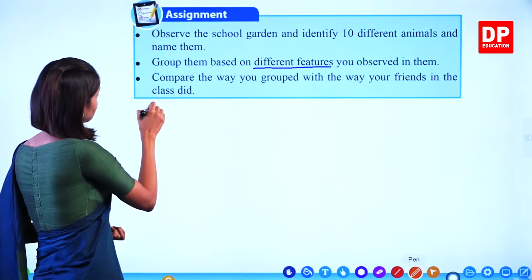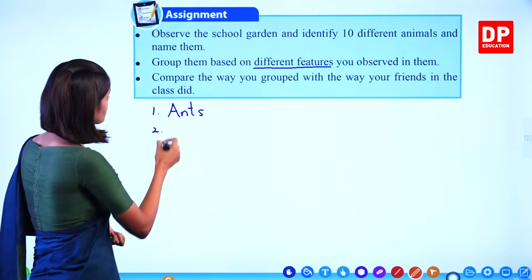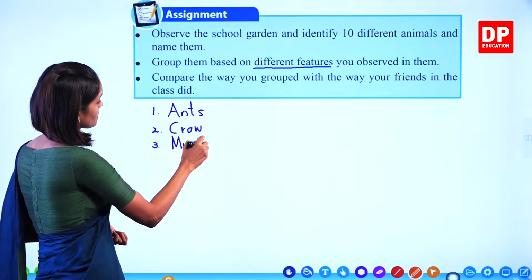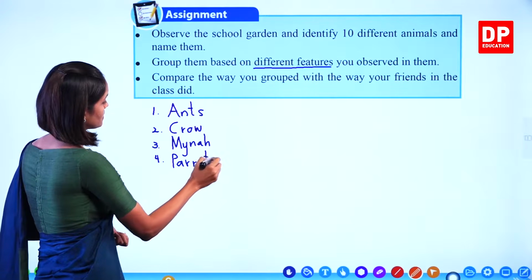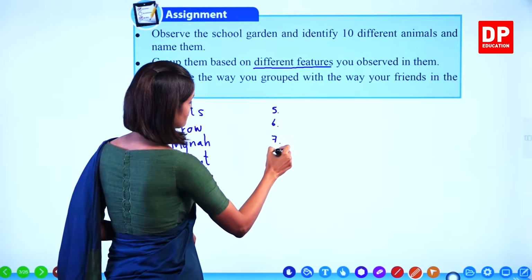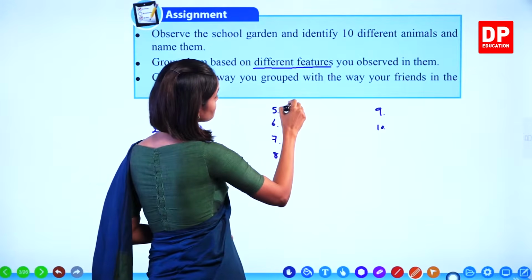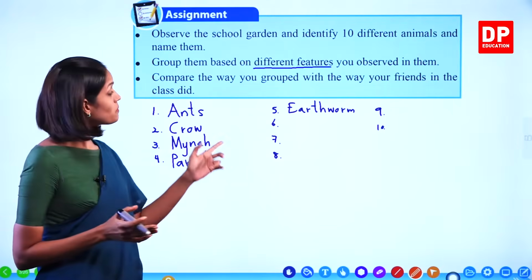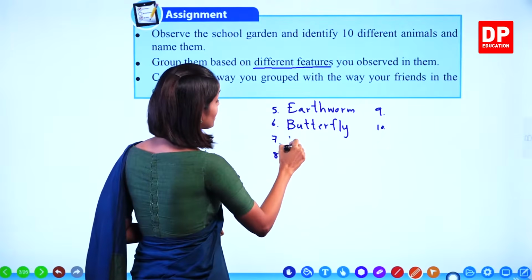We will write, we can see ants and crows, crow, the myna, parrot, what are the other animals, children? And earthworms, and butterfly, bee.